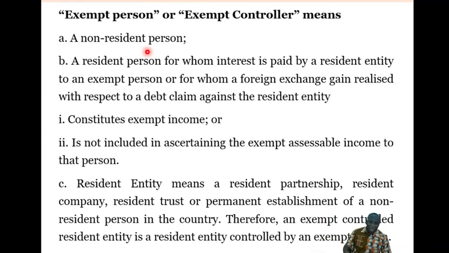You will see that the resident entity will be paying huge interest to the exempt person. And because interest is tax deductible, the resident entity will charge huge interest expense in the accounts. The profit for the resident entity will therefore come down, and it will pay a lesser tax. Meanwhile, this interest that has gone to this exempt person is exempt from tax, or the person is outside Ghana.